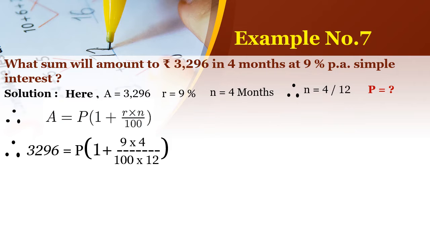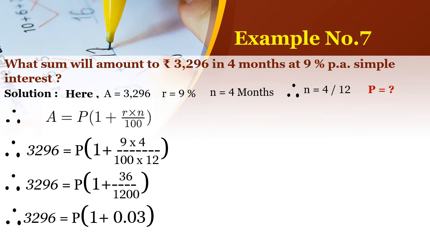So in bracket 1 plus 9 into 4 upon 12, 9 means rate of interest, into n number of months. We take 4 upon 12, so we get 100 into 12, then simplify the step. So therefore 3296 is equal to P in bracket 1 plus 36 upon 1200 bracket complete.